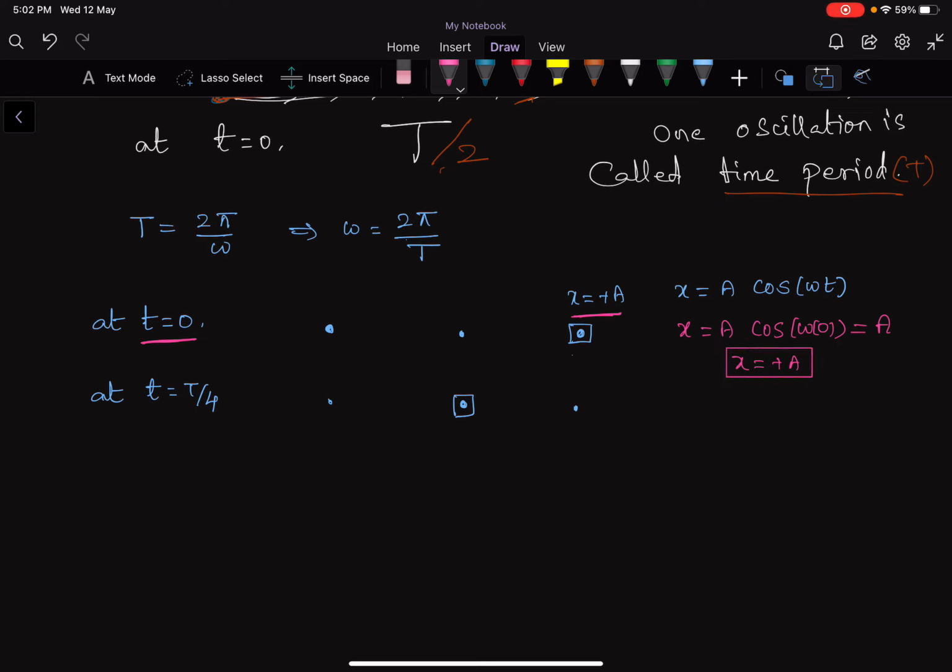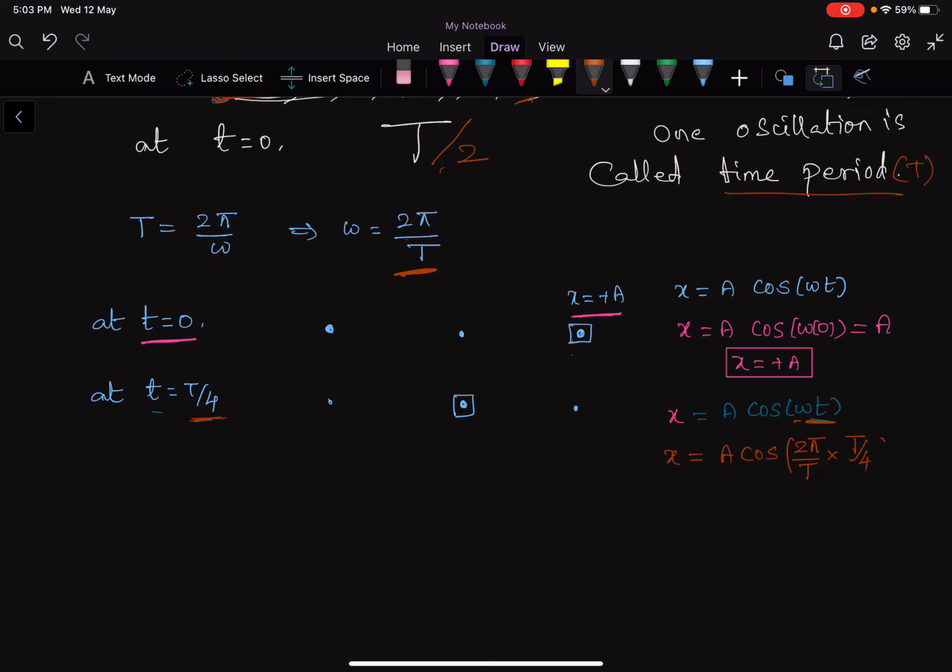Now at t equal to T by 4, we will see where the particle is exactly. We know x equals a cos omega t, and substituting t equal to T by 4, we get x equals a cos of omega, which is 2 pi by T, into T by 4.